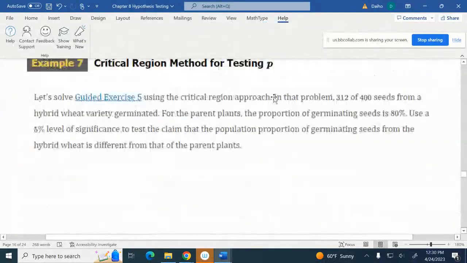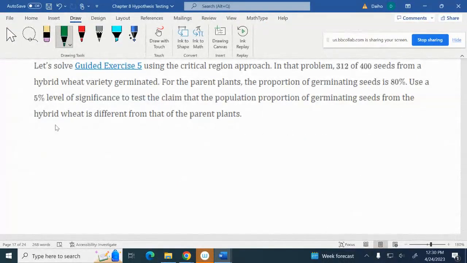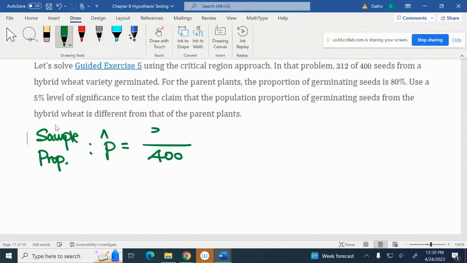Let me take the sample proportion, p hat, from 400 samples and 312 germinated.